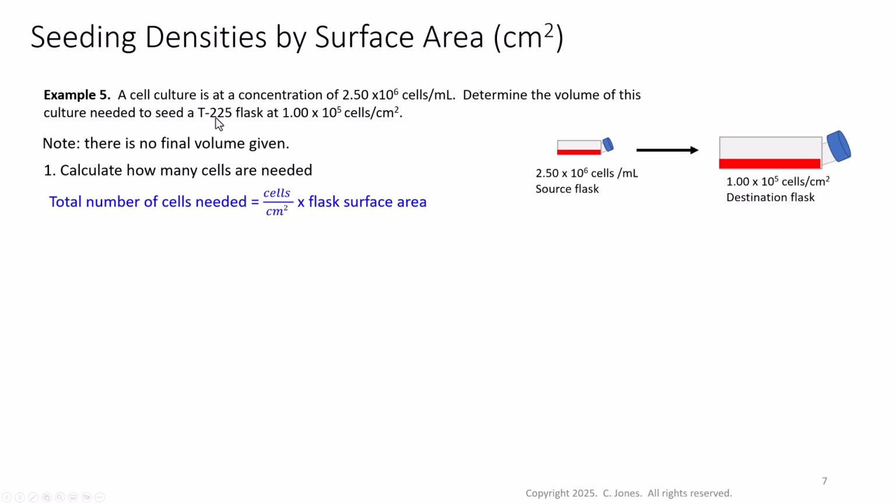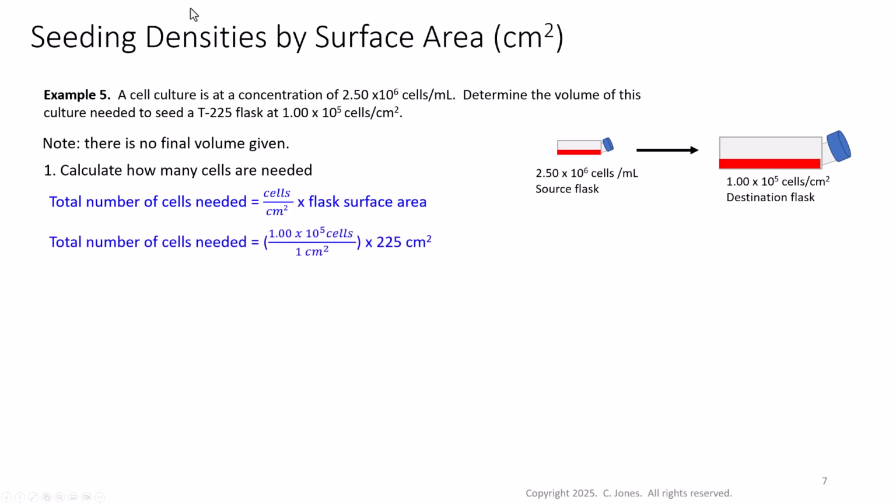That's given in the name of the flask. So T225, that's 225 centimeters squared. A T75, the surface area is 75 centimeters squared. A T25, it is 25 centimeters squared. So the packaging on the flask will tell you the square centimeters.